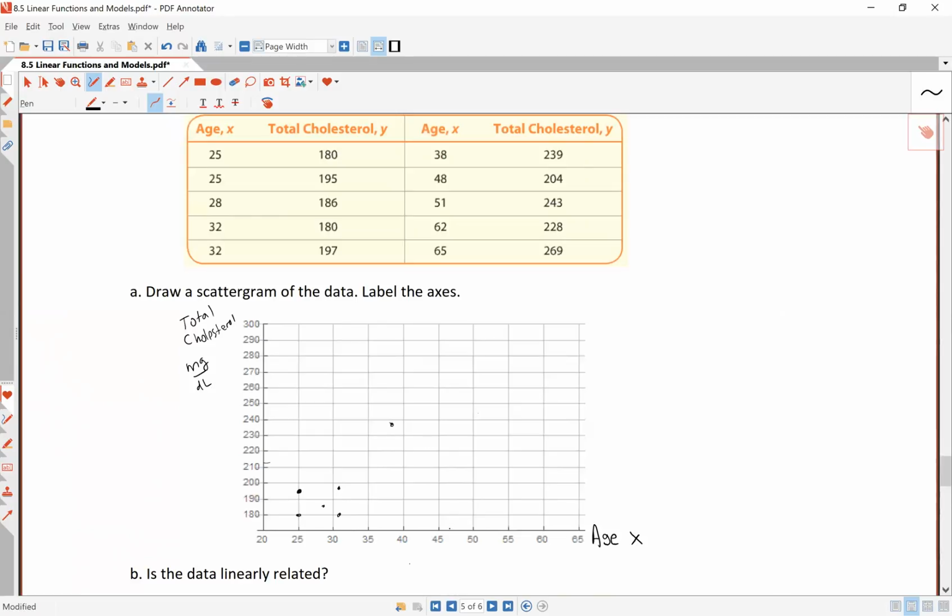And a 48-year-old, 204. A 51-year-old was found to have a cholesterol level of 243. And a 62-year-old was found to have a cholesterol level of 228.